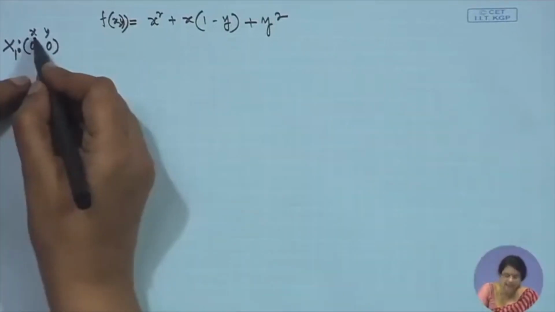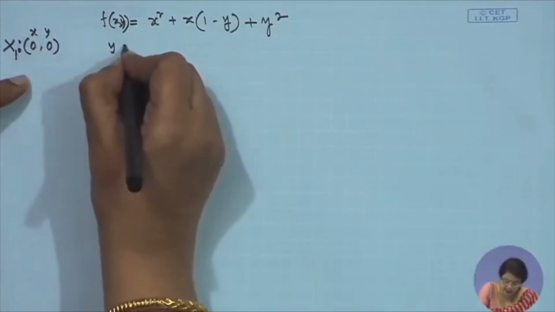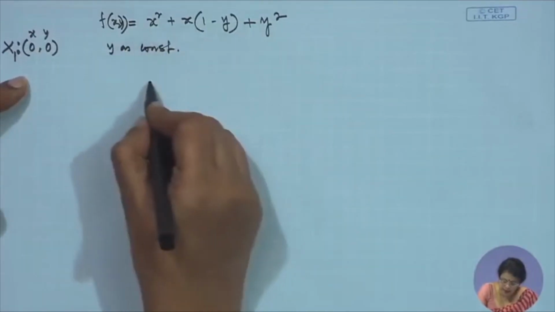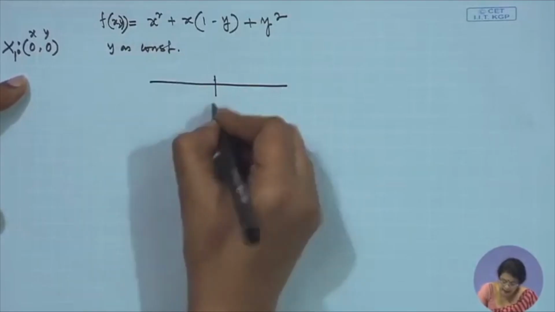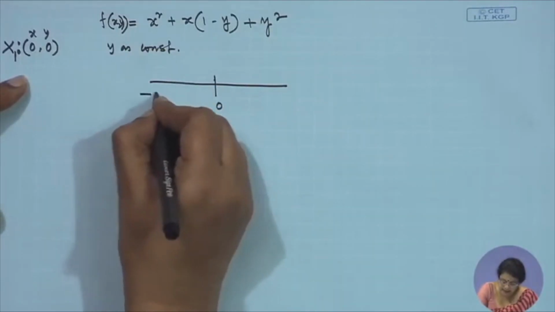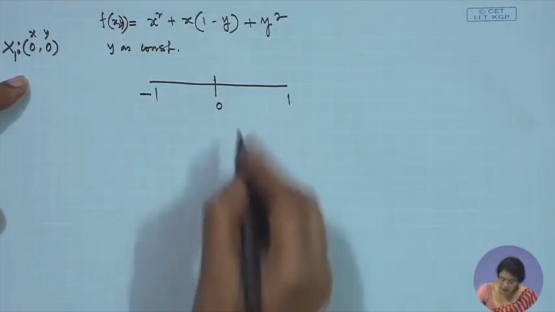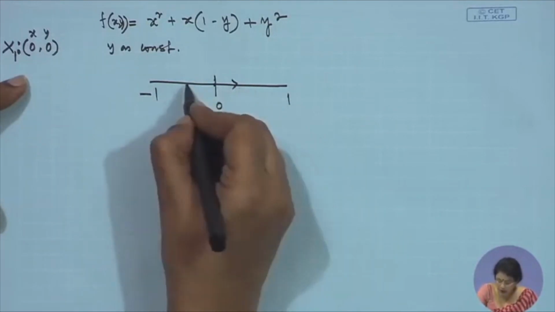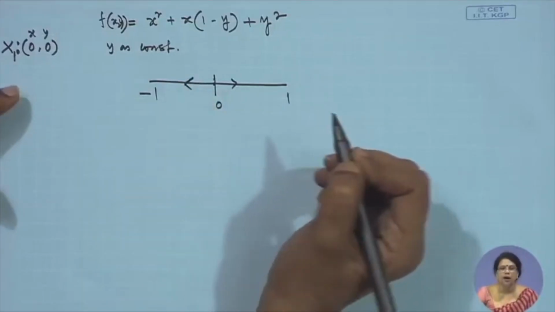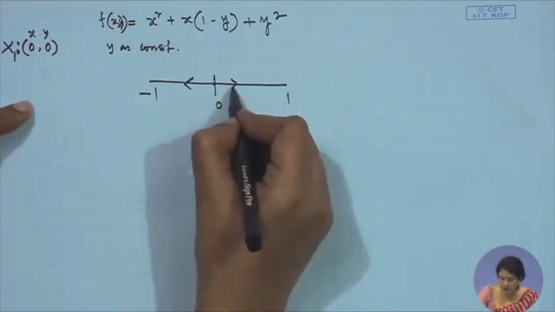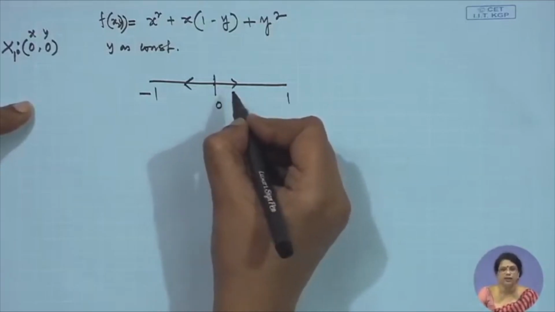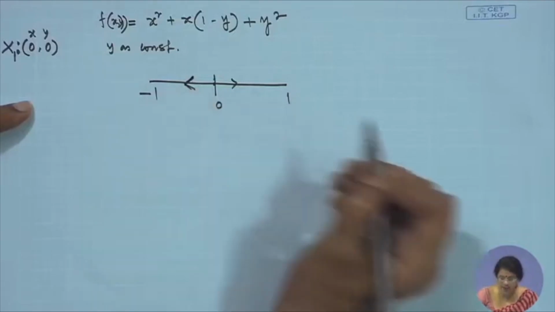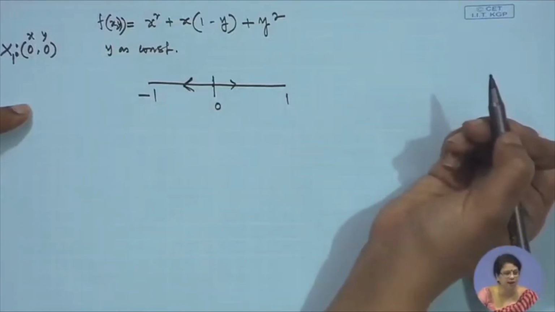If I change x keeping y as constant, starting from x equal to 0, I can move this way or that way. I will see if I move this way, whether the functional value is increasing or not, and if I move that way, whether the functional value is increasing or not. I have to see that.